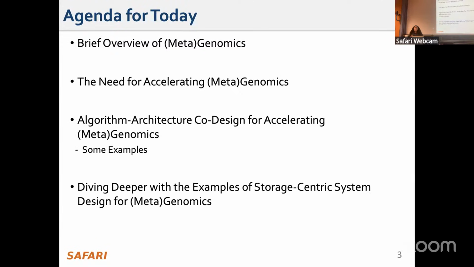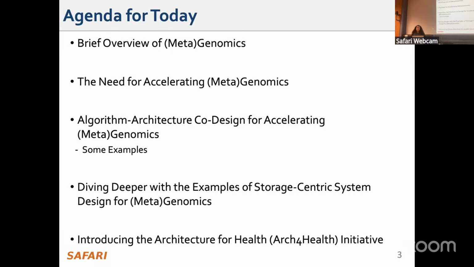And also, I will dive a bit deeper into doing algorithm-architecture co-design for these applications by going through some examples of storage-centric system design. And for each of the examples that I will give, I hope that we can cover some unique angles of doing hardware-software co-design for these domains. And I will also do some advertising for our new initiative, Architecture for Health, or ARC for Health, that we want to motivate in the broad community.